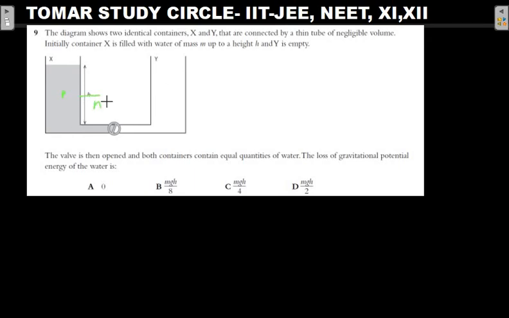Initial potential energy Ui of the water in container X will be equal to m into g into h by 2, that is equal to mgh upon 2. This is equation 1.